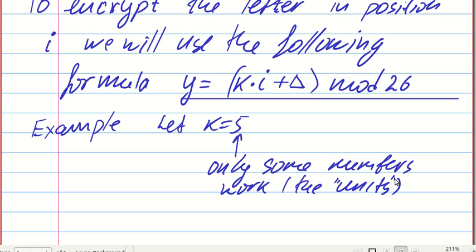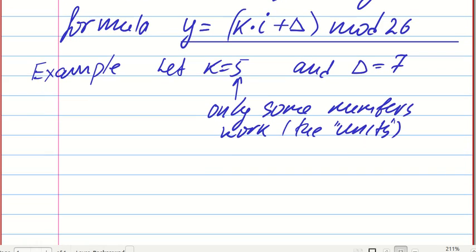So K is equal to 5 and delta is equal to 7. So we have two keys, and the assignment says encode math using these two keys.